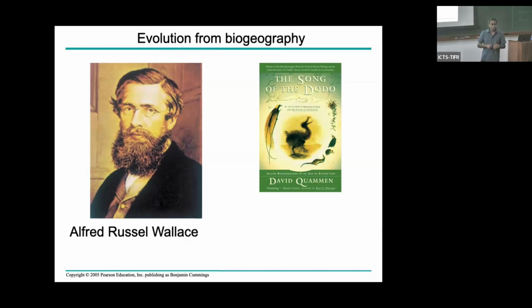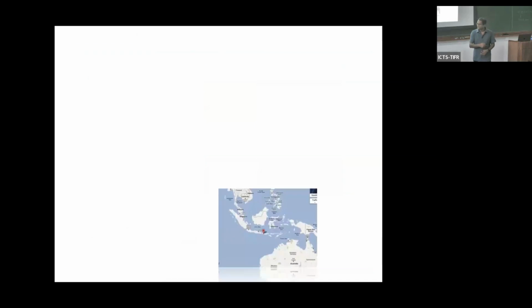He then decided to go to another part of the world, Southeast Asia, somewhere here. And here, he started making observations of an area, just like how we were describing: up to a certain point on some island, you would see the Southeast Asian species.